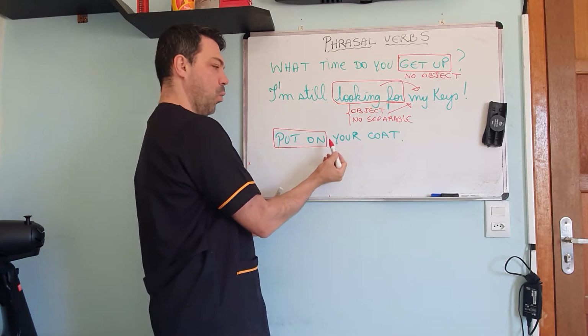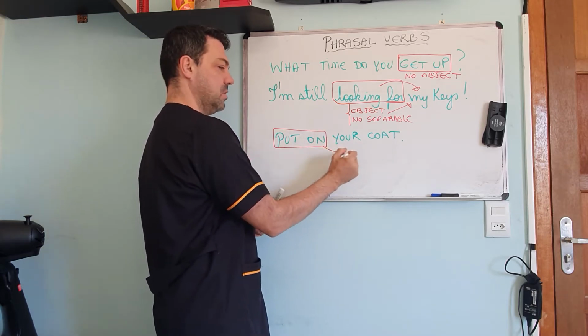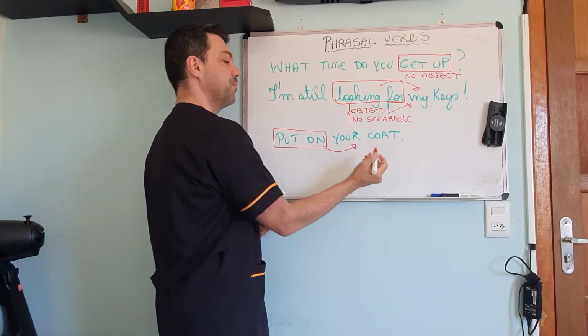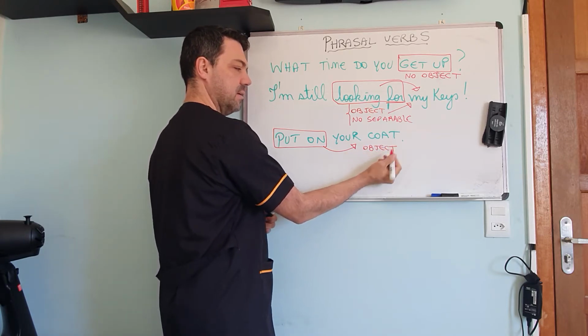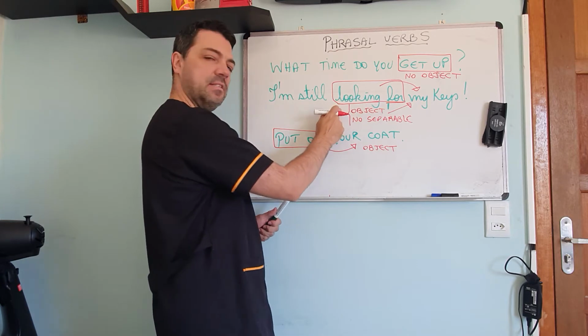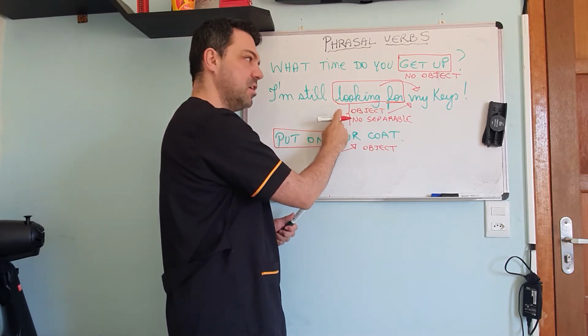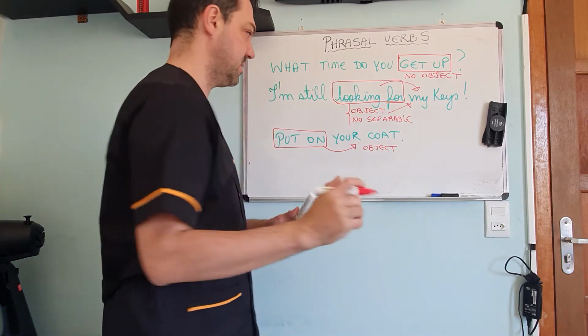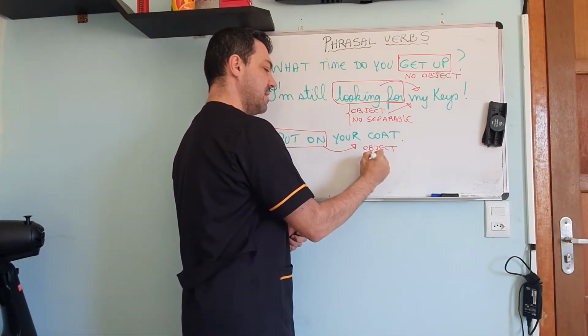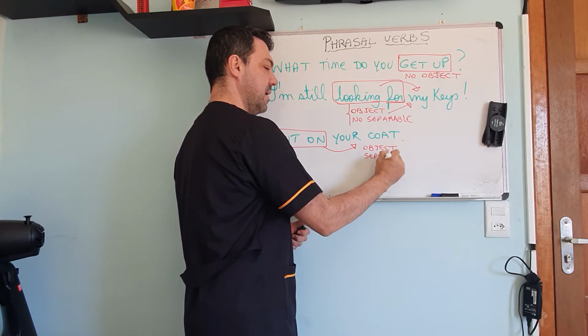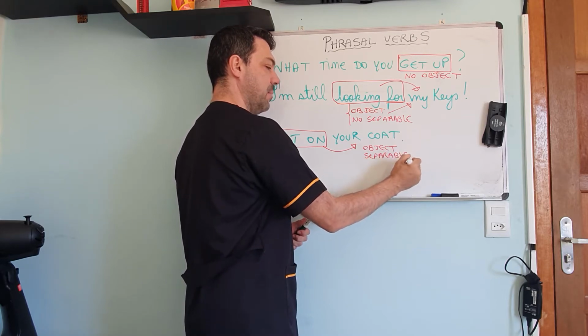Put on. When you put on something, it needs an object. Yes, like this other one, it needs an object. But what's the difference? This is the kind of phrasal verb that can be separated, because it's separable.